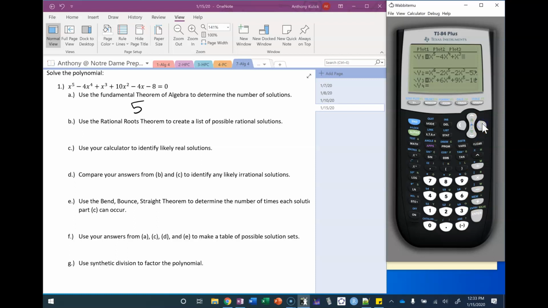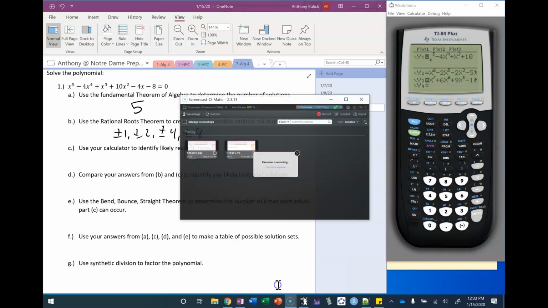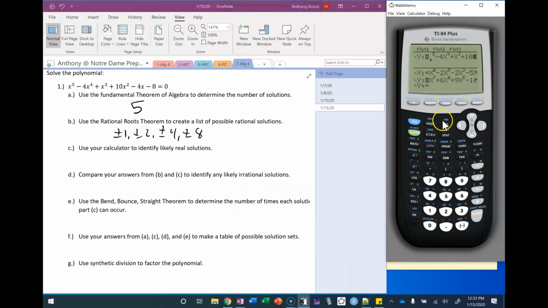Excellent. So plus minus 1, 2, 4, and 8. Okay. Next up, we're going to type this guy into our calculator and take a look at the picture.